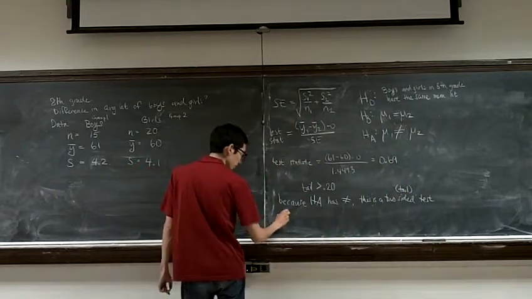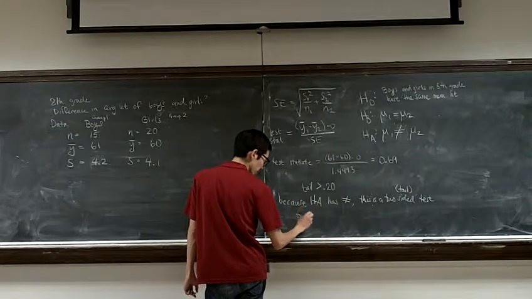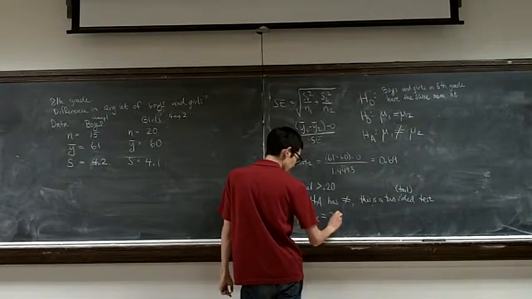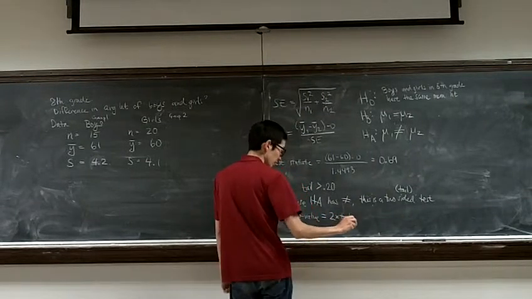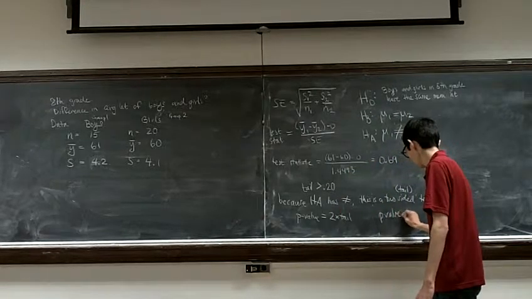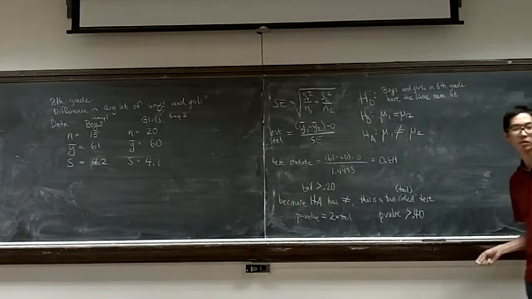So I double the tail to get my p-value. So my p-value is equal to 2 times the tail. So that tells me my p-value is greater than 40%.